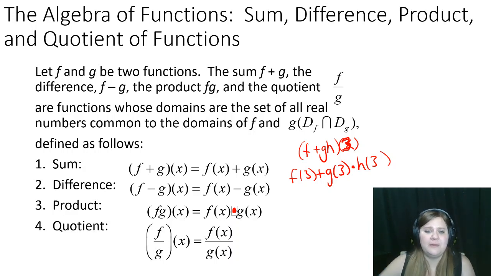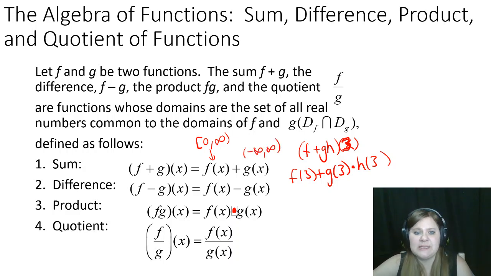But if f's domain was from 0 to infinity and g was all real numbers, then you want to look and see where those overlap, because it won't be everywhere. It'll just be from 0 to infinity. So you need to include what limits you. Okay, so it's going to be where the two domains overlap.